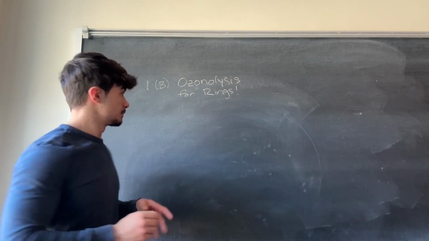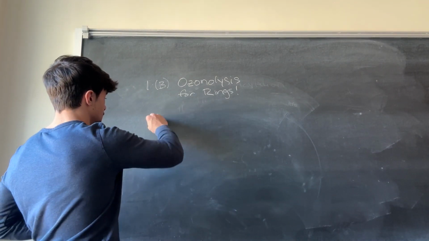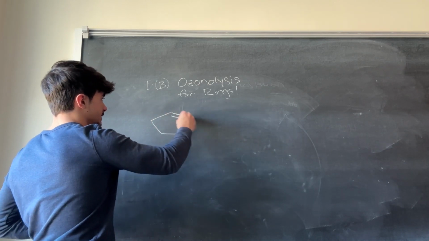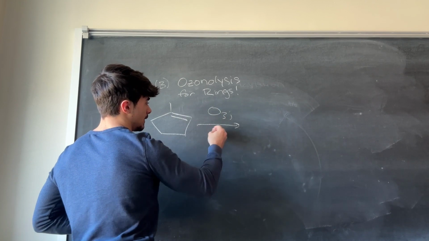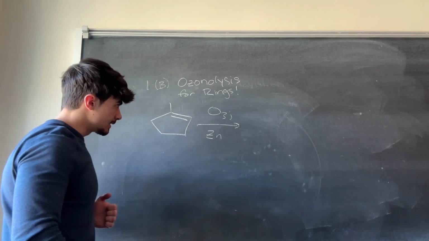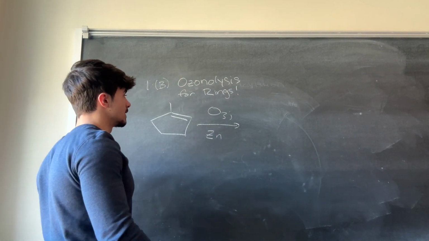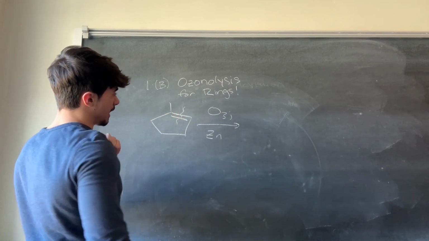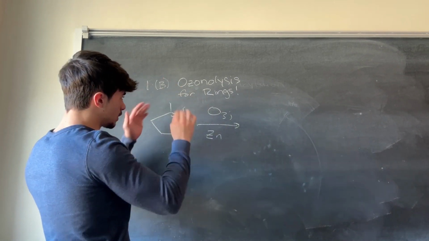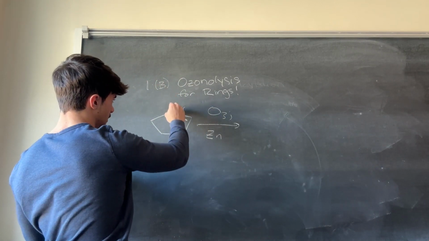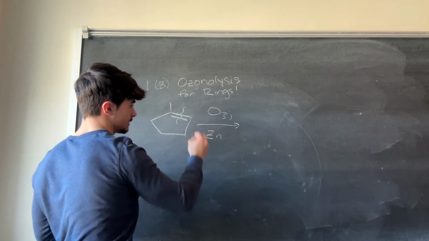Ozonolysis can also be done for rings. I just wanted to add this one in here. Say we have a 5-membered ring, and we treat it with ozone, and then at the end reduce it with zinc. What we're going to do is open this ring along that bond. So we'll have a total carbon chain of 1, 2, 3, 4, 5, 6.